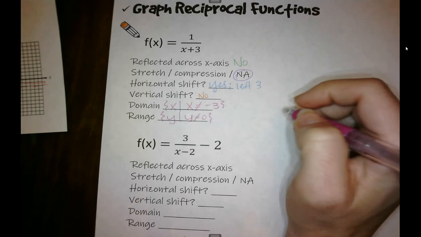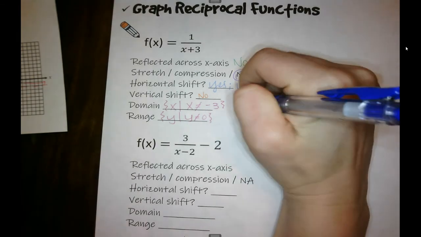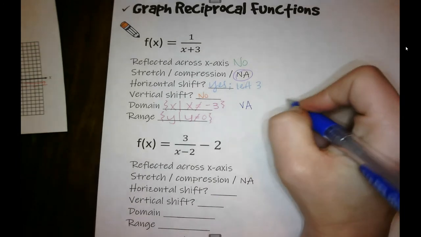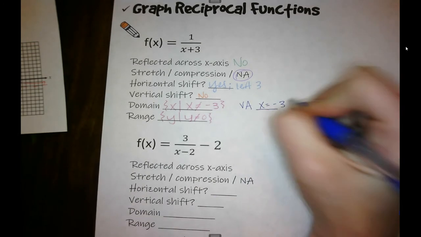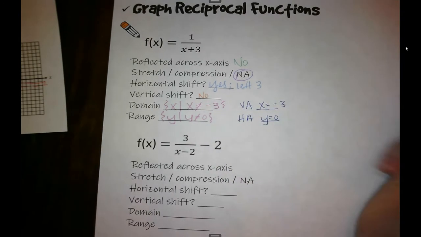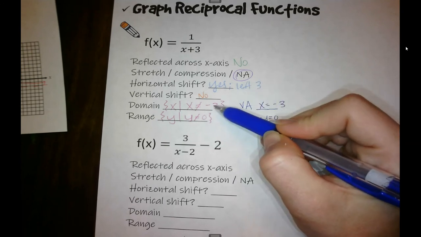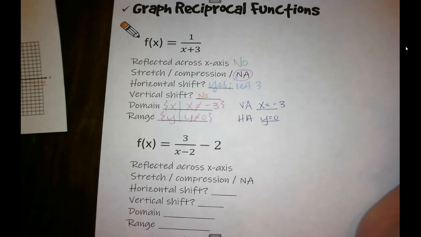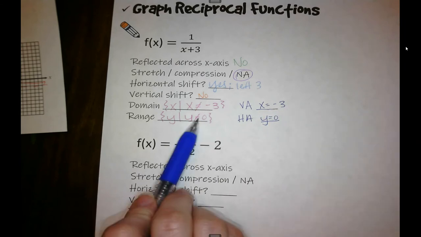Our vertical asymptote is going to be at x equals negative 3, and a horizontal asymptote at y equals 0. So if we've got a shift, that's where our asymptote is, however many over it is, and that's where our vertical asymptote is.